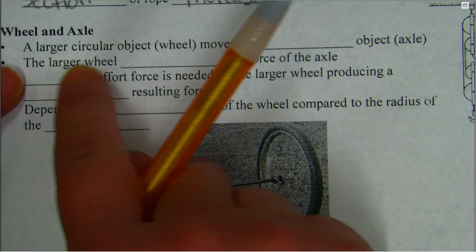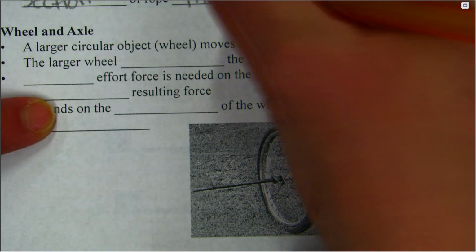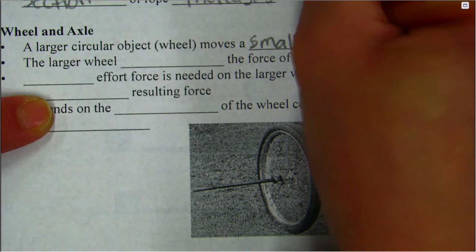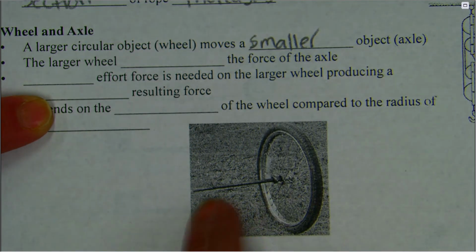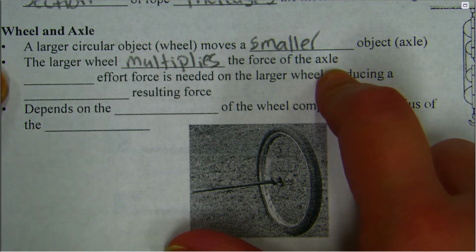All right, and finally, our final type of simple machine is a wheel and axle. This is a large circular object, which we call the wheel, and that's going to move a smaller object, which we call the axle. Okay, so here's a wheel and an axle. The larger wheel is going to multiply the force of the axle.